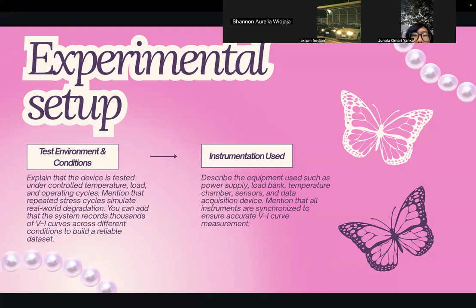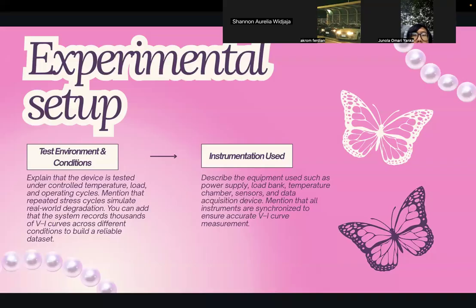Repeat stress cycles, like cycles that involve high amplitudes and high frequencies, will cause the device to experience degradation, real world degradation.